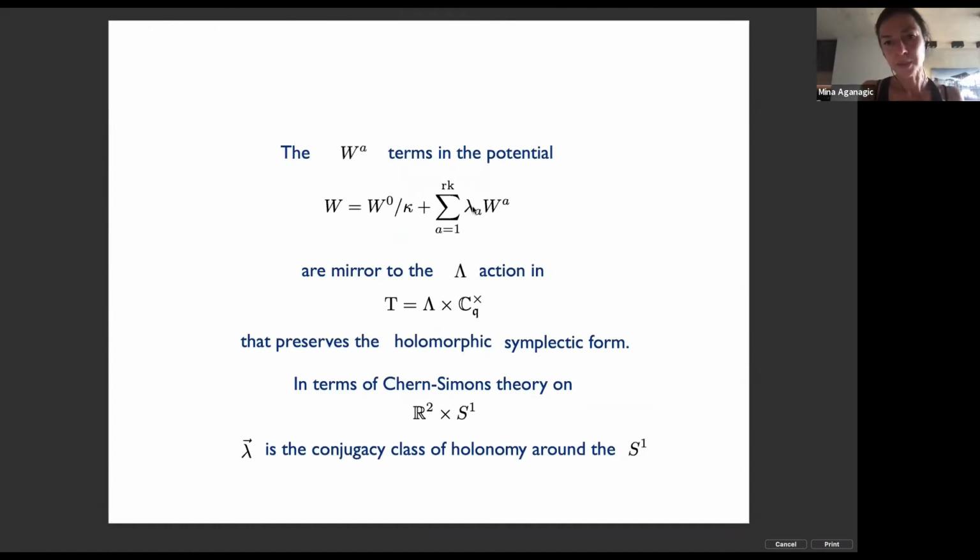The other terms in the potential are mirrored to the lambda action that preserves the holomorphic symplectic form on the big X. In terms of Chern-Simons theory on R2 times S1, the corresponding parameters lambda, rank G worth of them, are the conjugacy classes of the holonomy around the circle of the Chern-Simons gauge field.